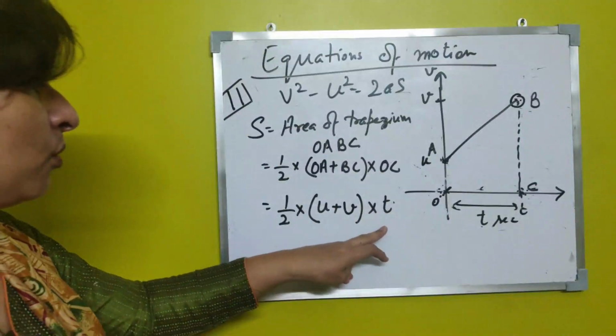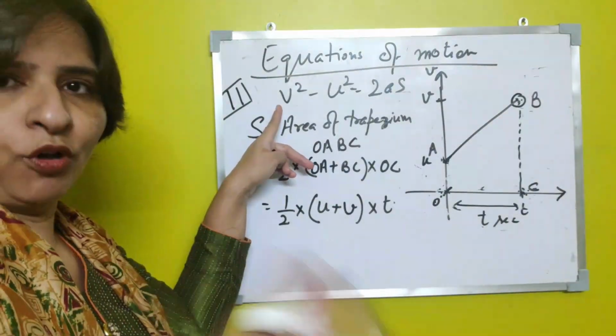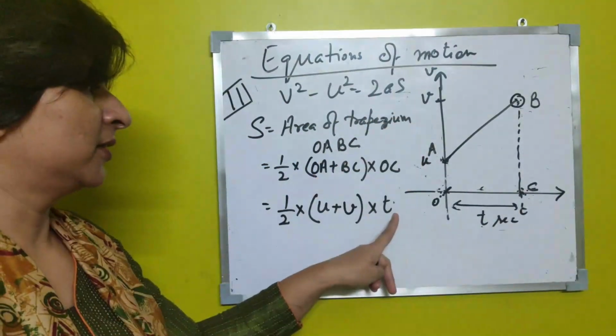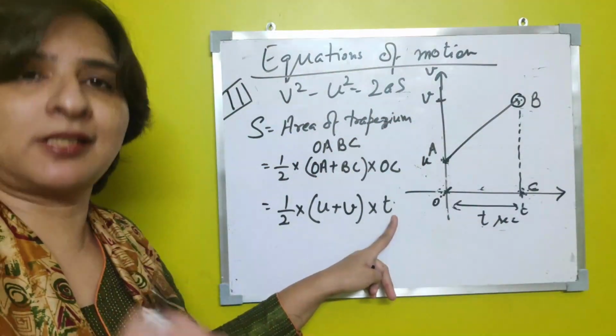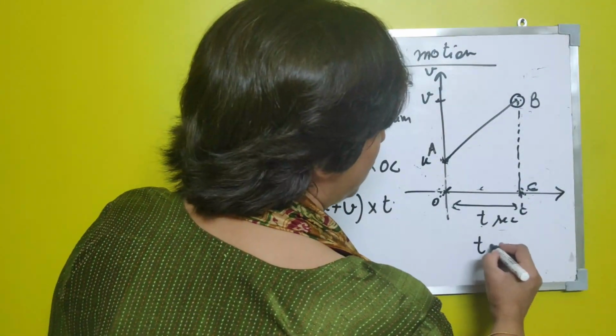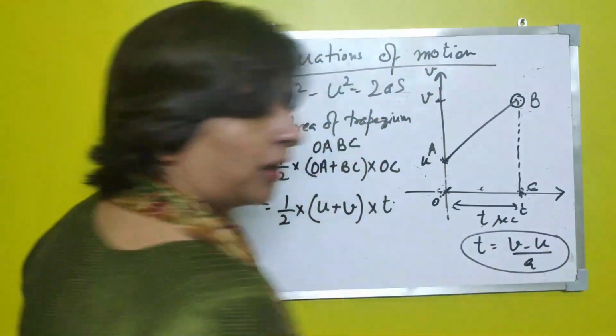Now when I look at this and the third equation that I want to derive, I do not have any term called time factor. So I need to eliminate this term t. So again, using the first equation, I can say t is v minus u divided by a.